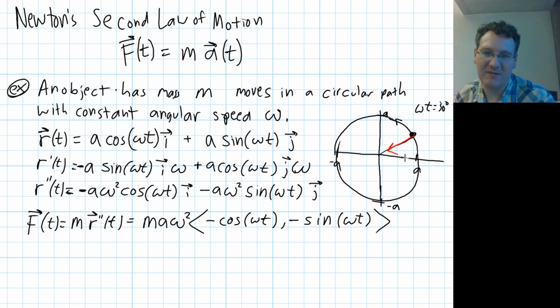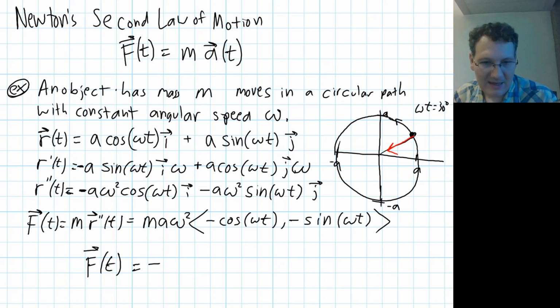It's going to be the opposite vector of the location where this is found. At any given time, the force at time t is actually negative mass times omega squared times r of t.